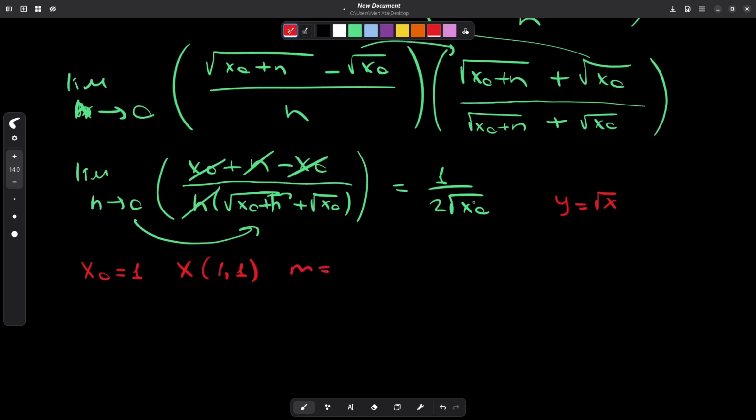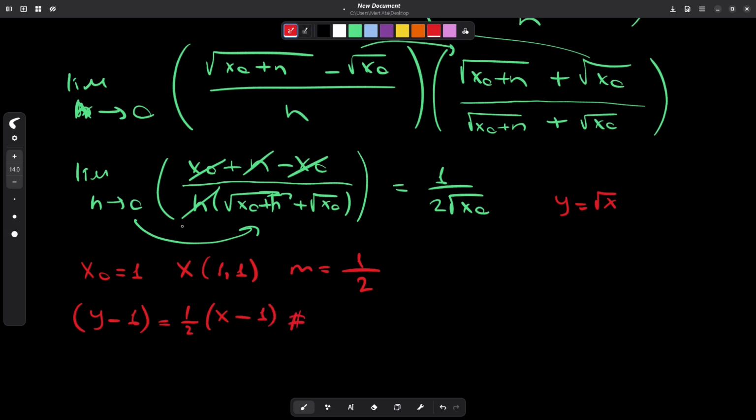And the other thing I need is the slope, which when I plug this in is 1 over 2. I like starting with y is equal to 1 over 2 times x minus x0, which is also 1.